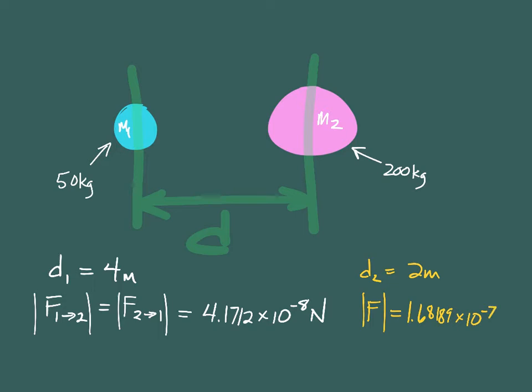Check that. Yeah. So it went down by a factor of 10 when I cut the distance in half, which you're going from a 16 to a 4, so you are changing a power of 10, so that makes sense.